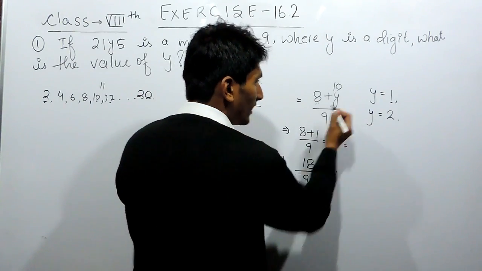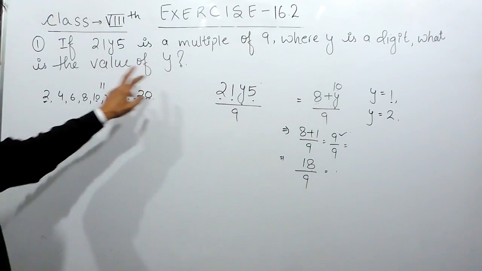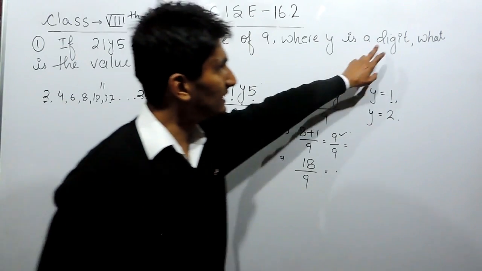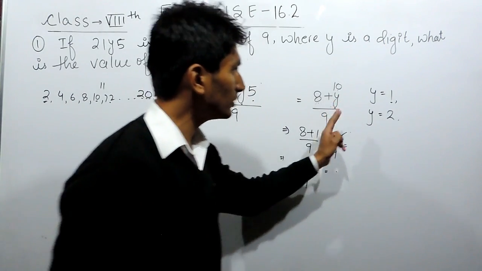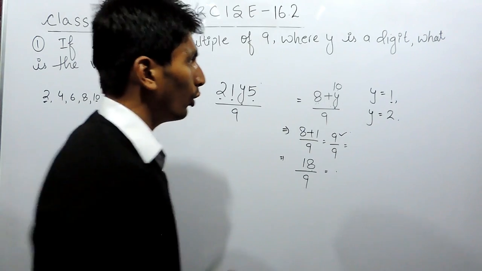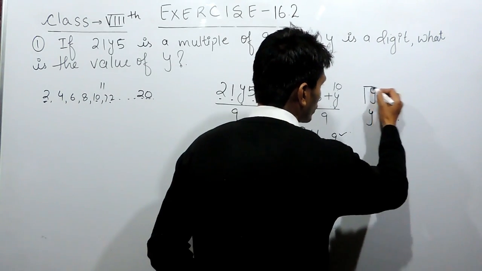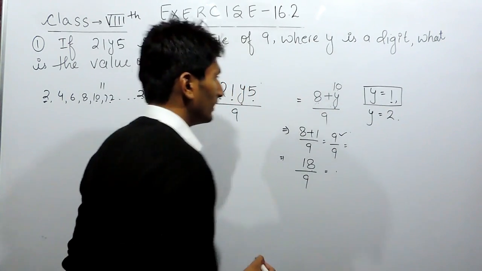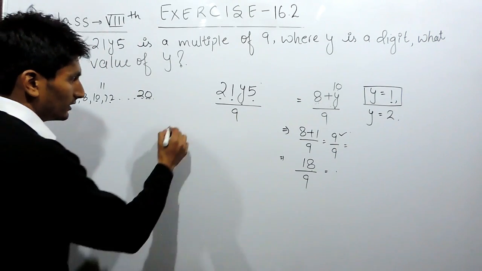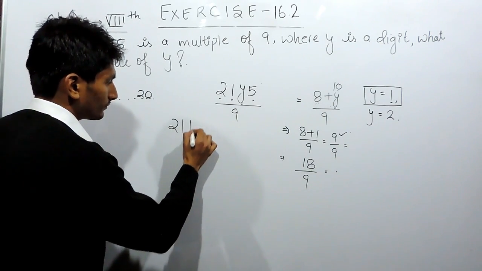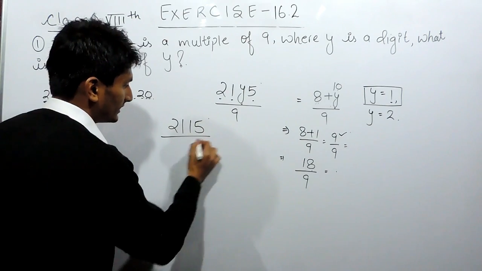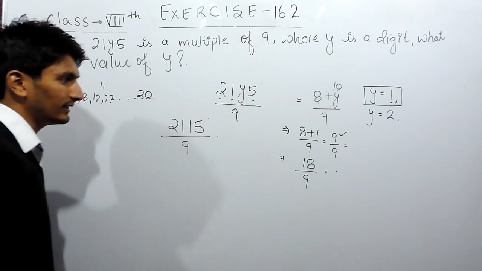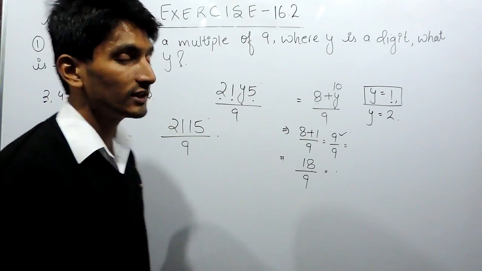But y is given as a digit, meaning a single digit, so it cannot be 10. So only one value, y equals 1, is possible in this number, and then only it will be divisible by 9. So this is how you can solve this question.